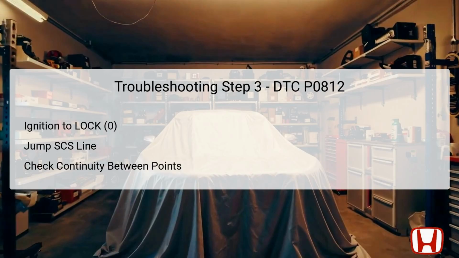The third troubleshooting step further isolates the potential issues in the electrical circuit. Start by again turning the ignition switch to the lock position, 0, to prepare for the checks. Next, the SCS line must be jumped using the HDS, initiating a diagnostic state that helps assess the simpler circuits more accurately. Disconnect the PCM connector B49P as part of this step to prevent any interference.